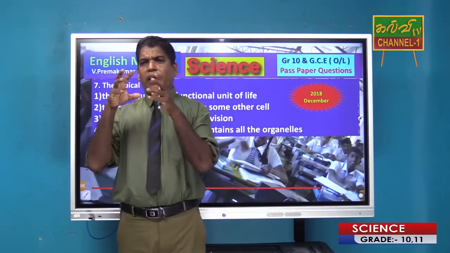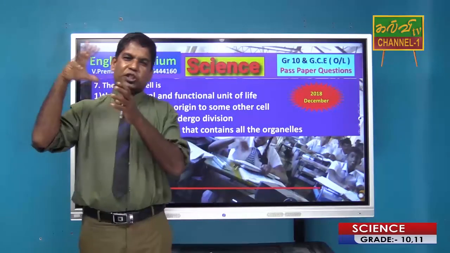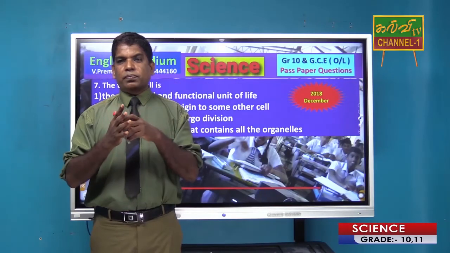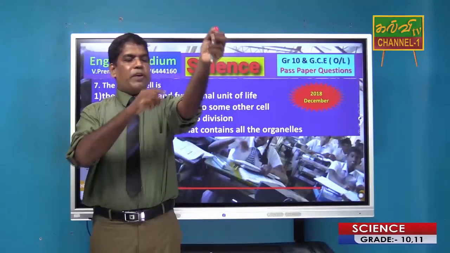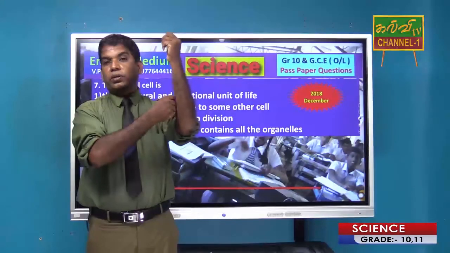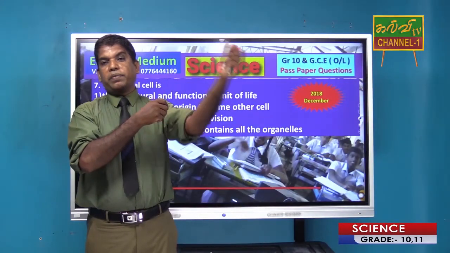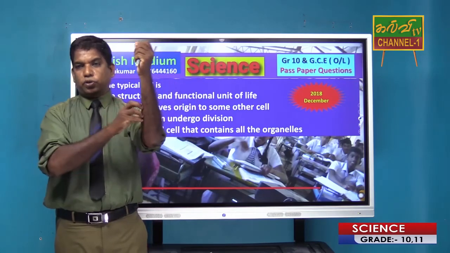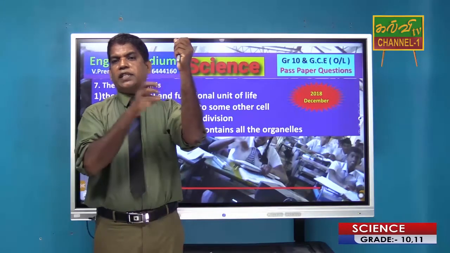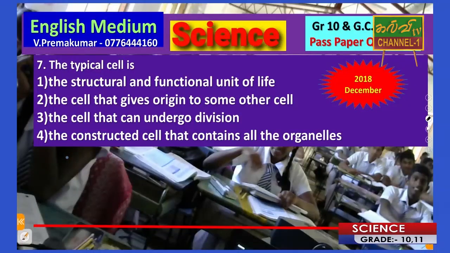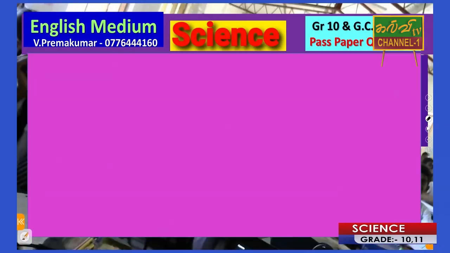Some cells don't have much mitochondria. Some cells have more Golgi bodies. Muscles have more mitochondria because we need more energy. The mitochondria supply and save the energy, so we call it the powerhouse. Anyway, we have to discuss this matter.